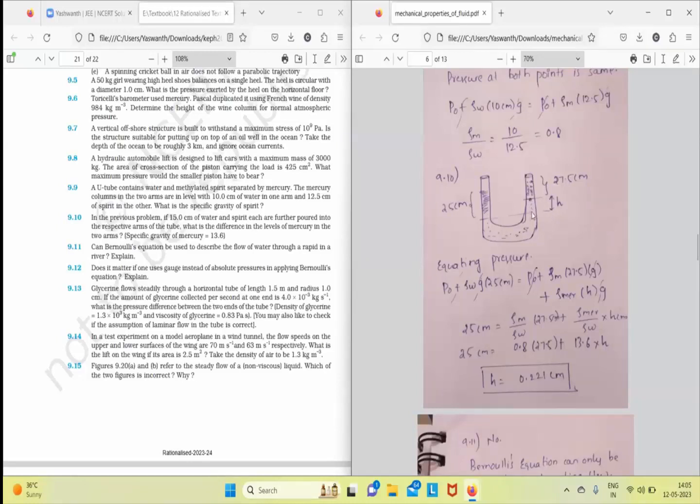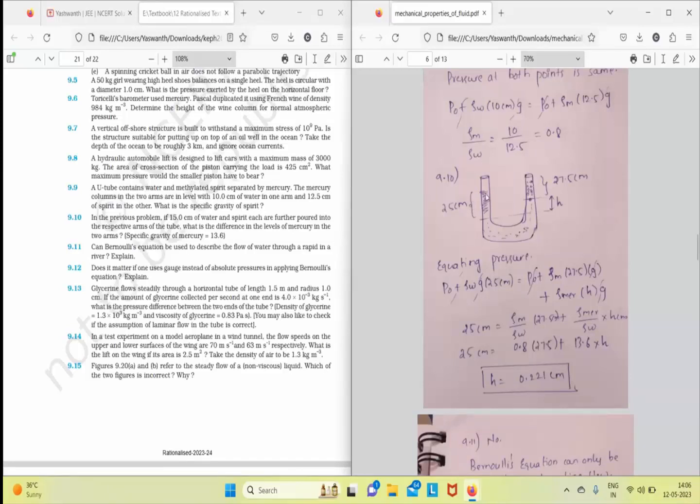Why am I separately calculating pressure at two different points? You might say that here you directly wrote P naught plus density of water into g into 25 centimeters, so why not directly write P naught plus rho into g into h here too? The main thing is, here we have two different kinds of fluids which have different densities.